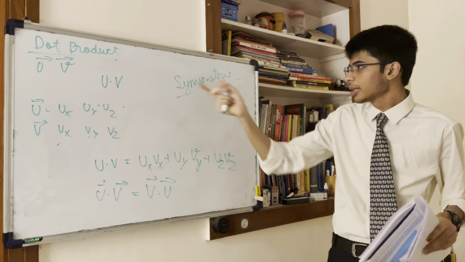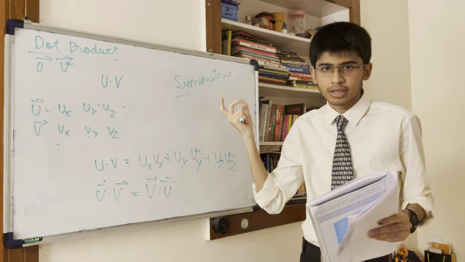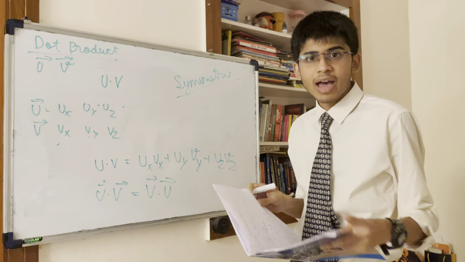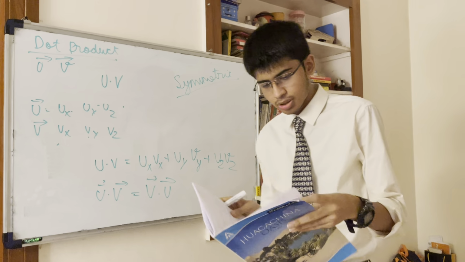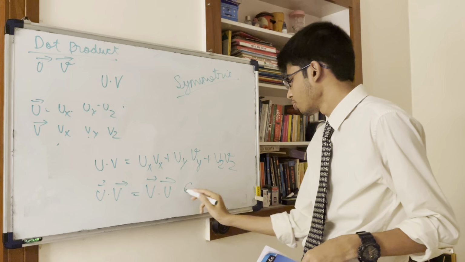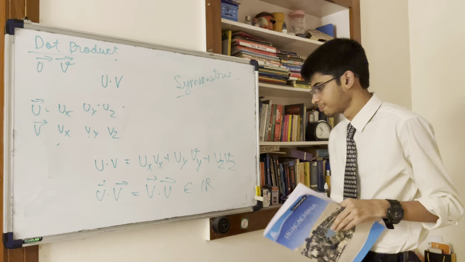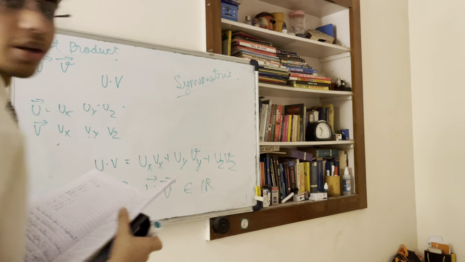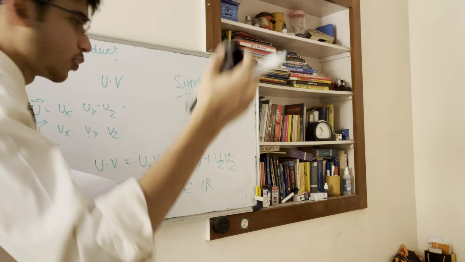This is what I mean by the dot product being symmetric. So when I swap the sides, the value doesn't change. And this will also belong to the real number line, because if I have real vectors, I can't get complex values.